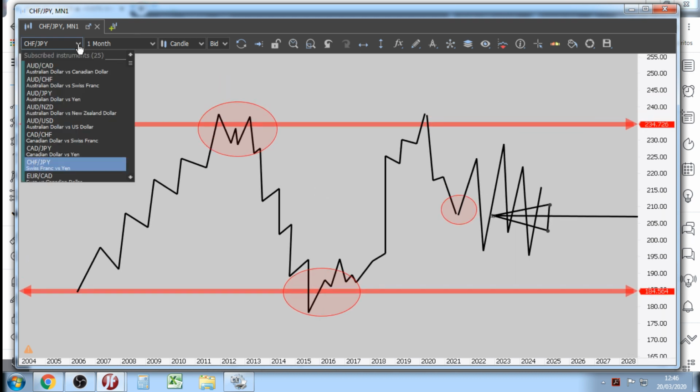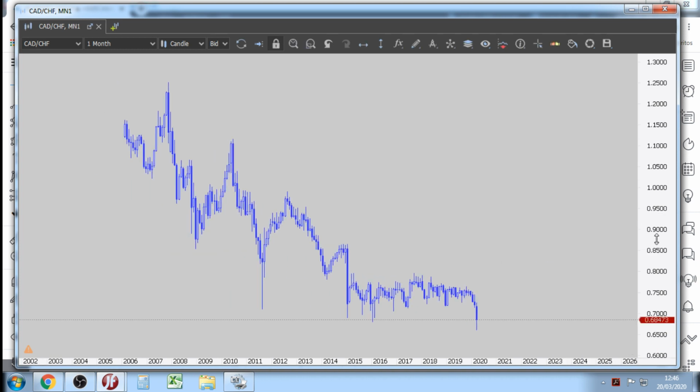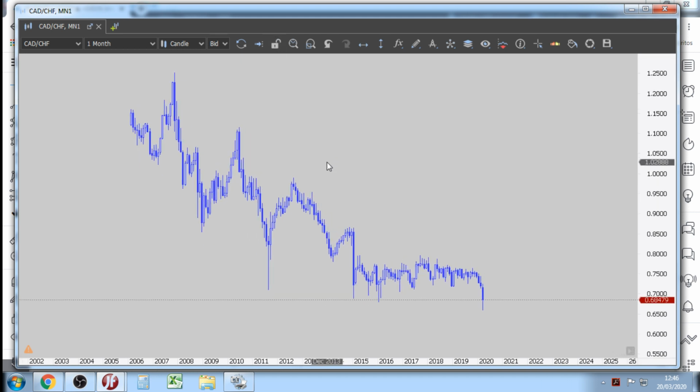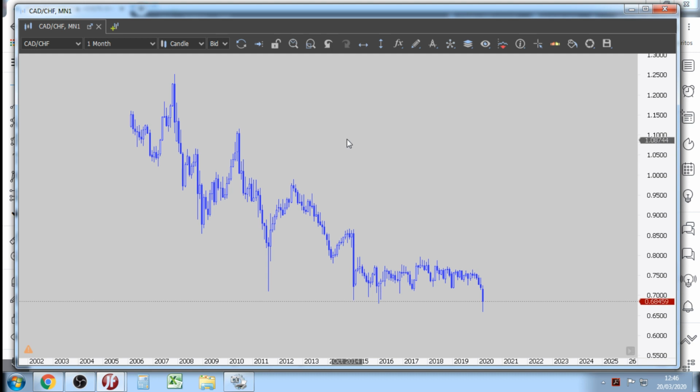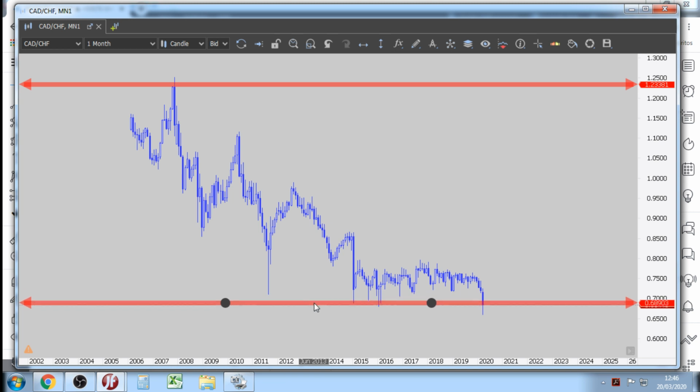Let's take another one. Canada CHF, everybody. Now, Canada CHF, there are two currency pairs that are exceptions to the rule. One is Canada CHF, the other one is USD CHF, and of course this is the upper band and this is the lower band.